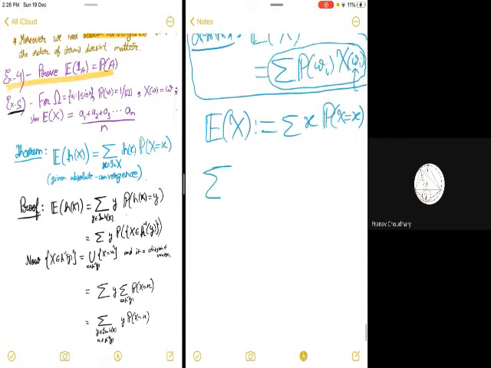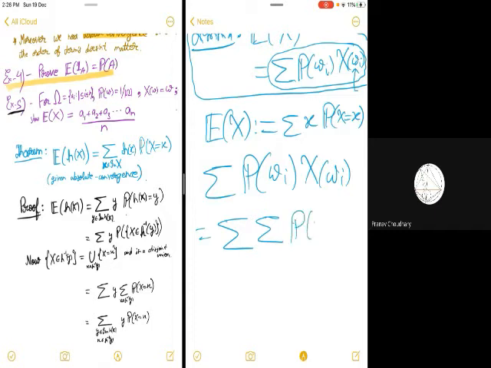So the sum of probability of omega I times X of omega I will be equal to the sum, if we add this over omega I such that X of omega I is small x, and then we sum these over all x belonging to the image. Can you see why this is true?